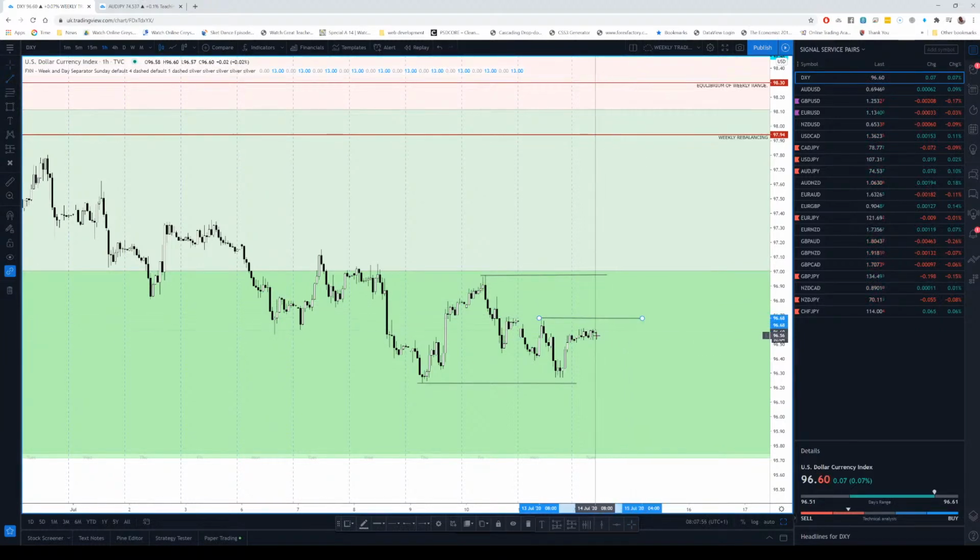If we run Monday's high and reject, my eyes will come here as an objective, and that will lead me to look for the opposite on the pound, the euro, the dollar, the CAD. Let's see which side of the market they run first.